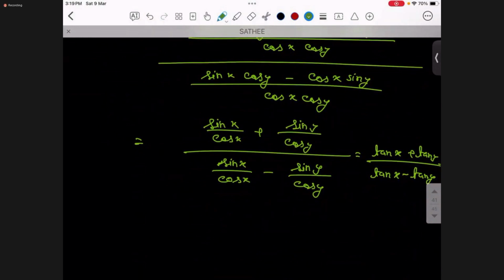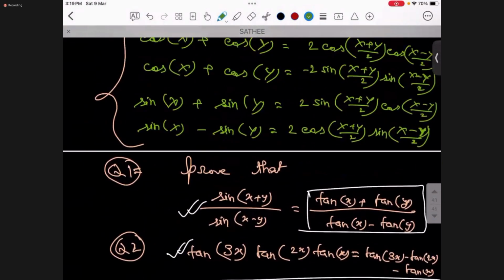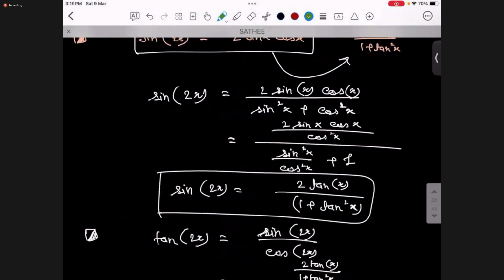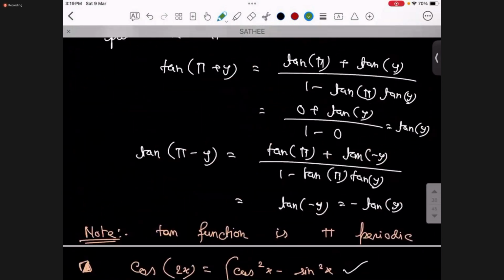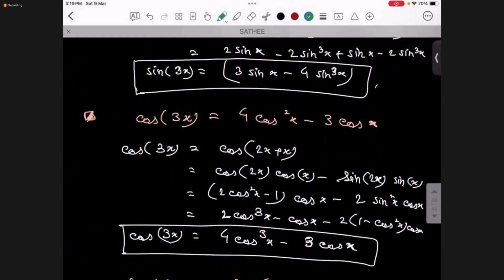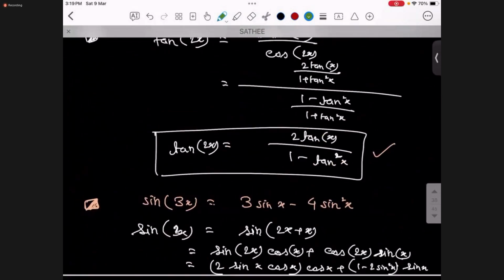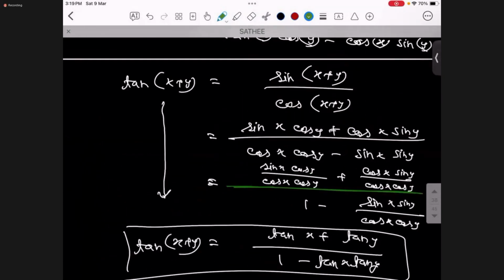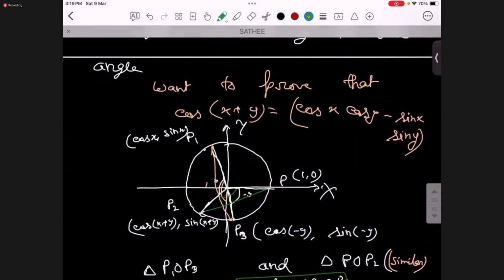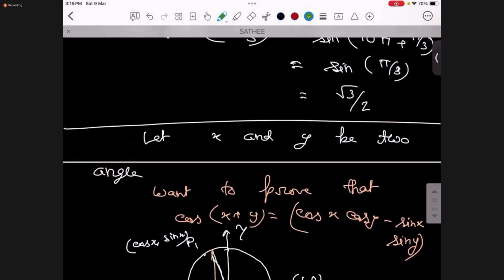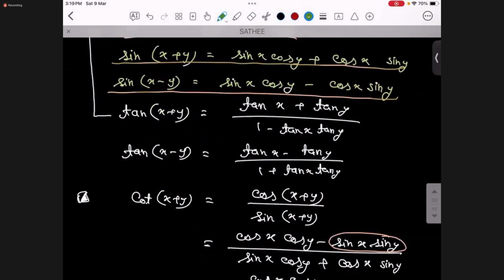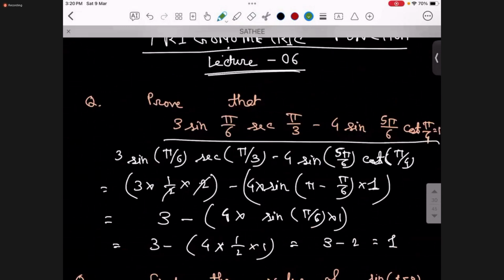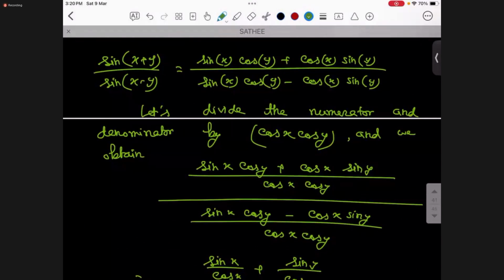Now, in the last class we have already discussed one thing. Actually, we can reduce the formula for sin(x+y) in terms of tan x and tan y.